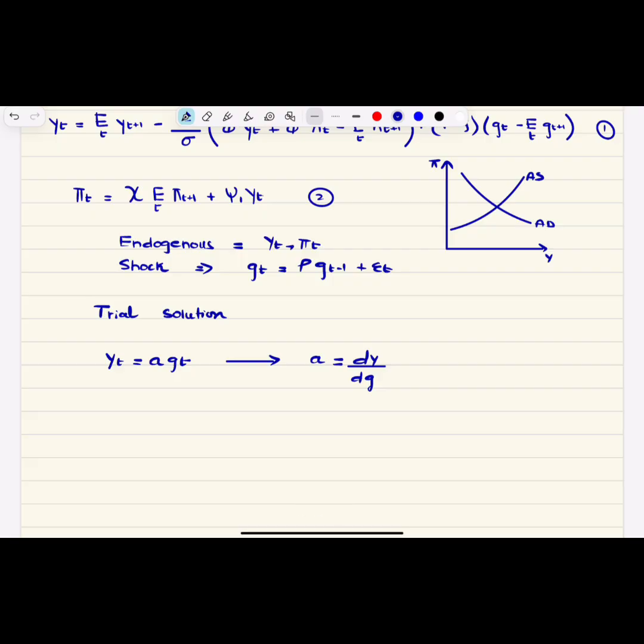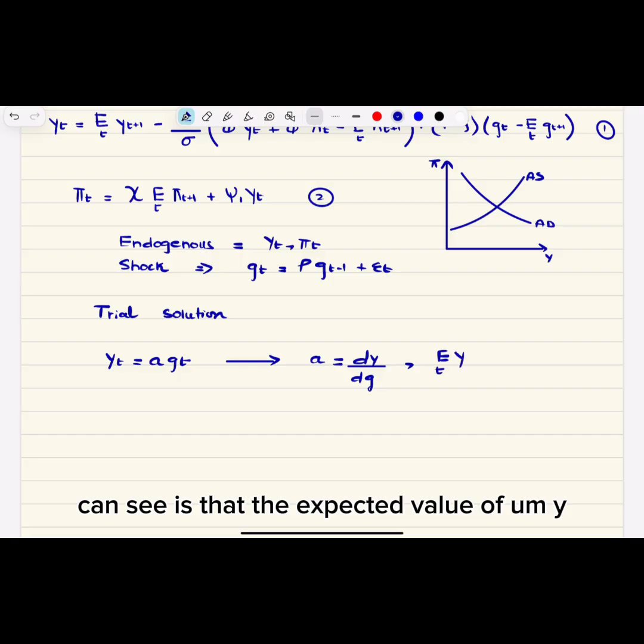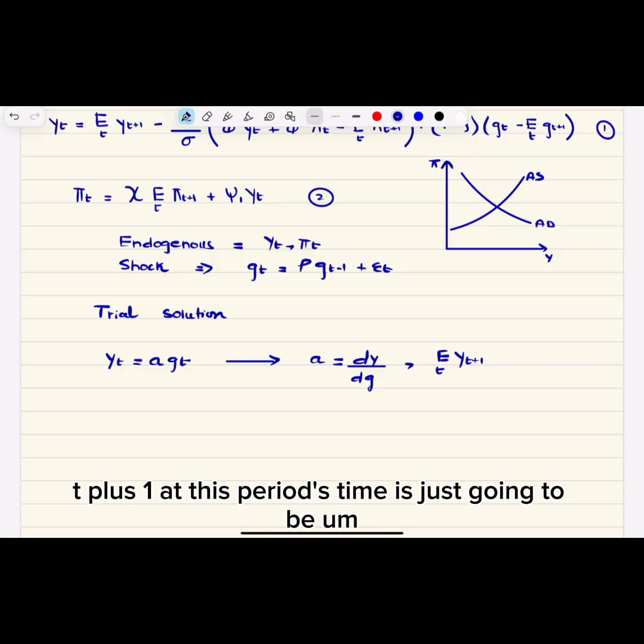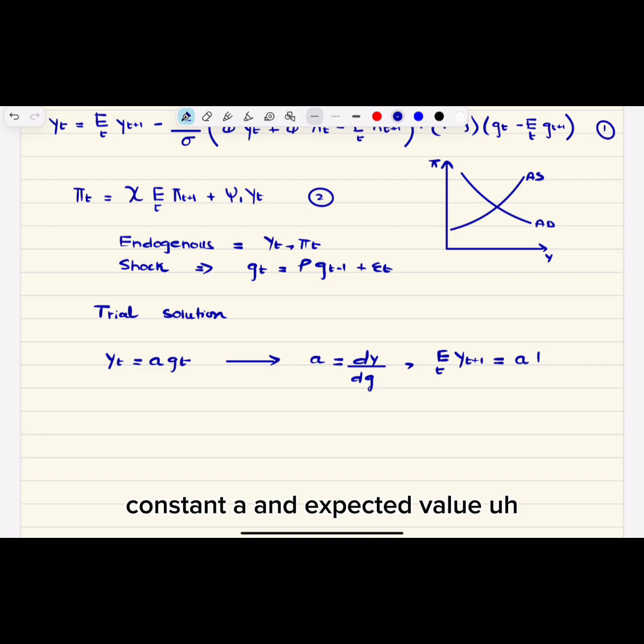Another thing that we can see is that the expected value of Y at t plus 1 at this period's time is just going to be constant A times the expected value of G at t plus 1.